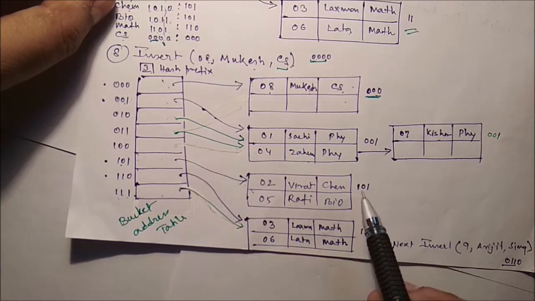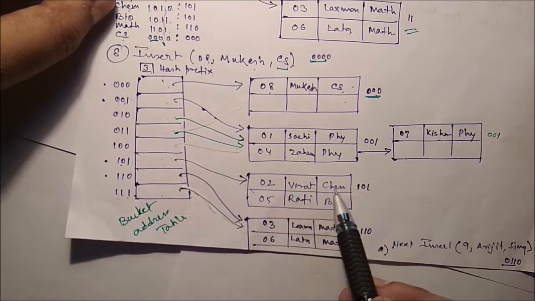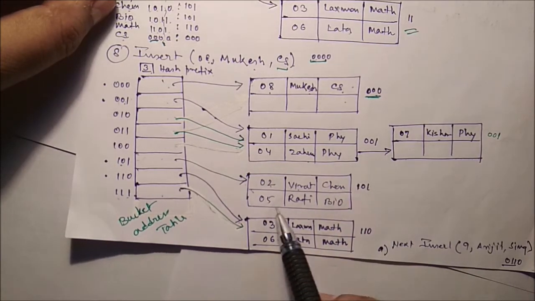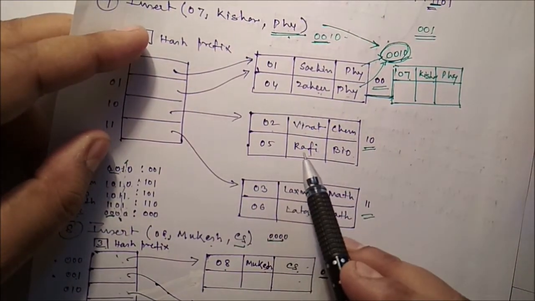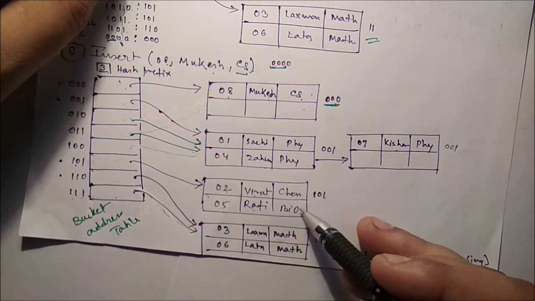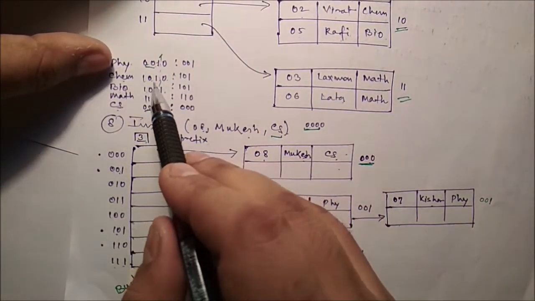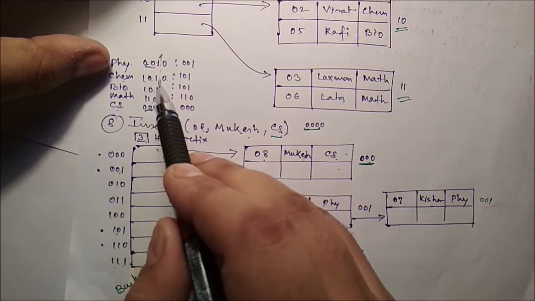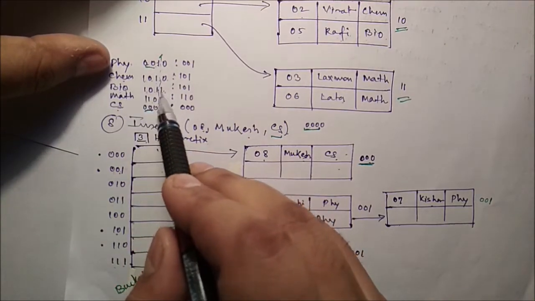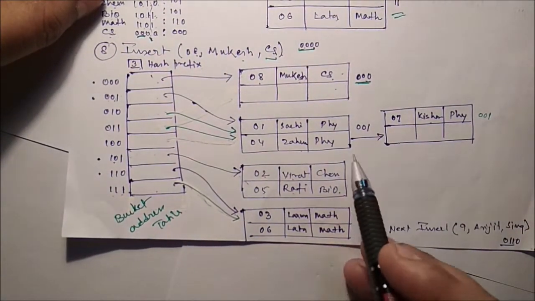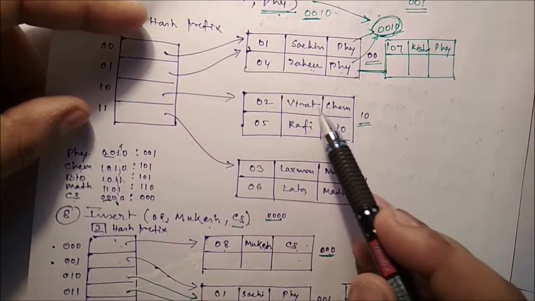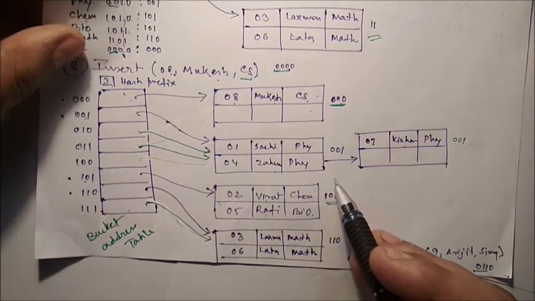Here you store 02 Virat chemistry and 05 Rafi biology, because for both these subjects, chemistry and biology, the first 3 bits are the same. So for 101 we store these 2 data, Virat and Rafi.